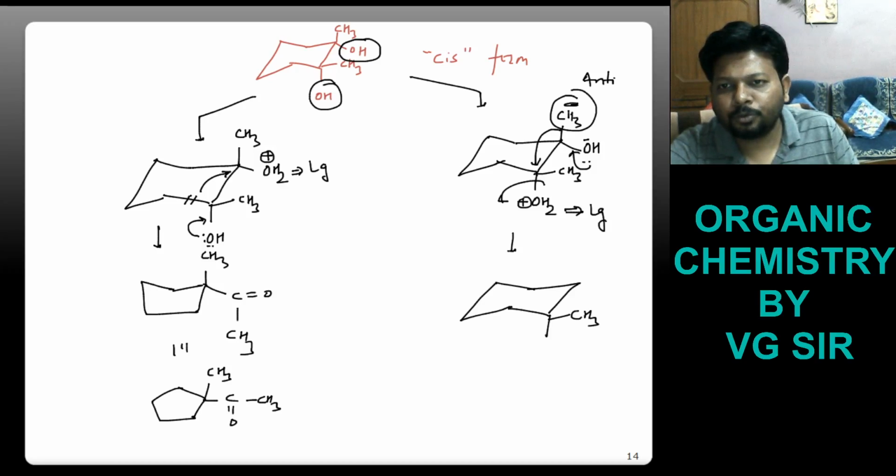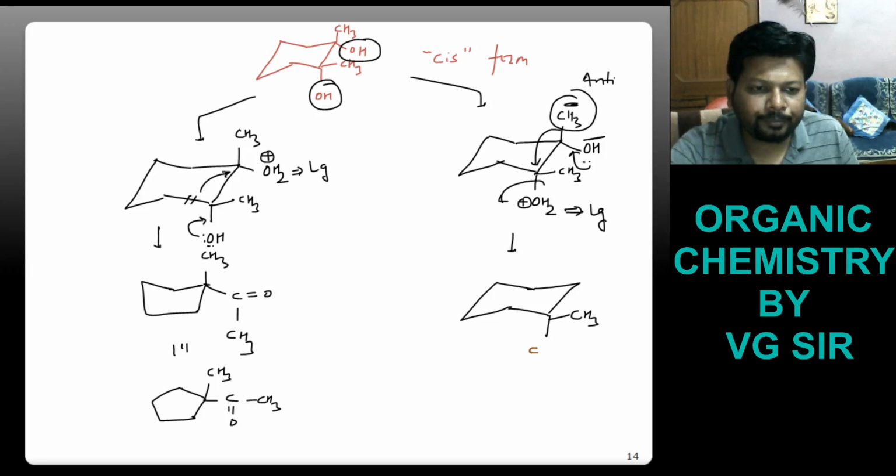So let's draw it with a different color. The CH3 group which is in red is coming from the migration or rearrangement. Okay, and there will be this sort of structure.